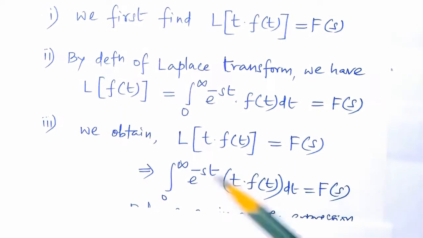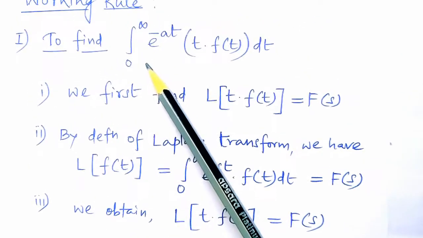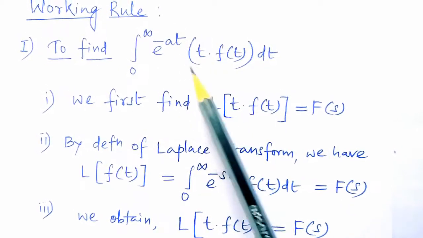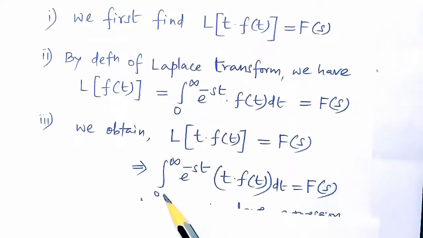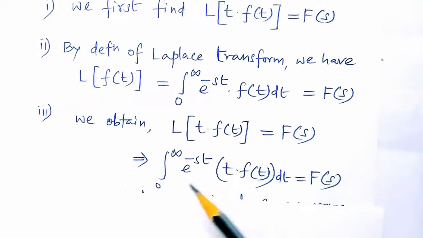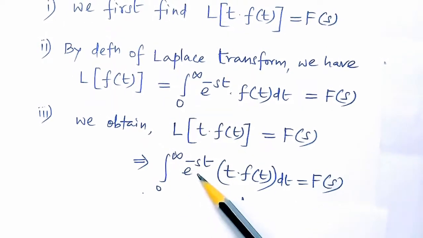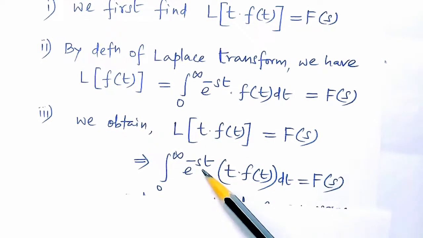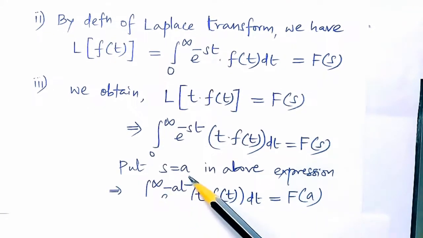Now again, if you look at the standard form, we are interested in the integral between 0 to infinity of e to the power of minus at, of course t f of t, but here we have reached the integral between 0 to infinity of e to the power of minus st. That means the coefficient of t is s, of course along with the negative sign, but we are interested in this coefficient of t being a, and that is possible just by putting s equal to a.